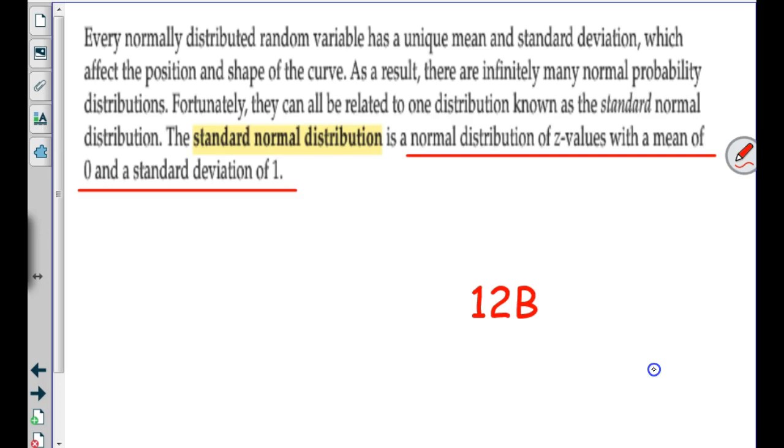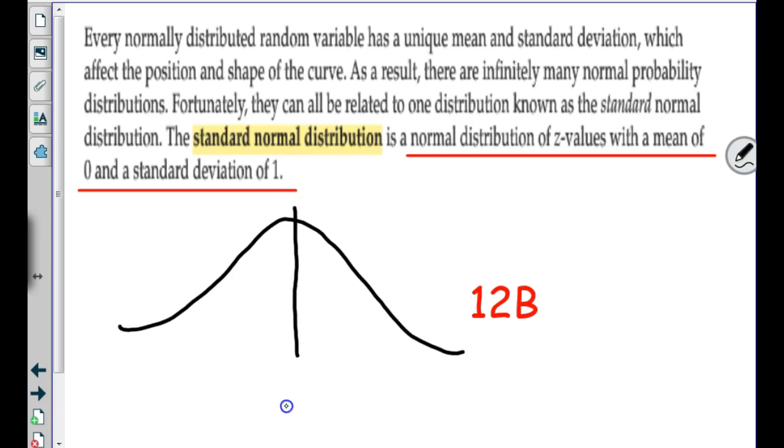Every normally distributed random variable has a unique mean and standard deviation, which affect the position and shape of the normal distribution. As a result, there are infinitely many normal probability distributions. What they are talking about is that if we take that normal distribution and we say that has z-scores, it has a mean of 0 and a standard deviation of 1.